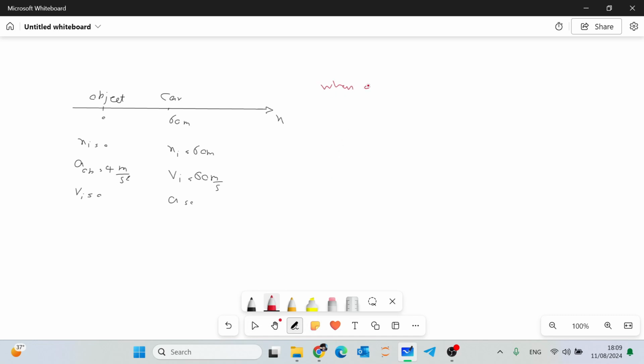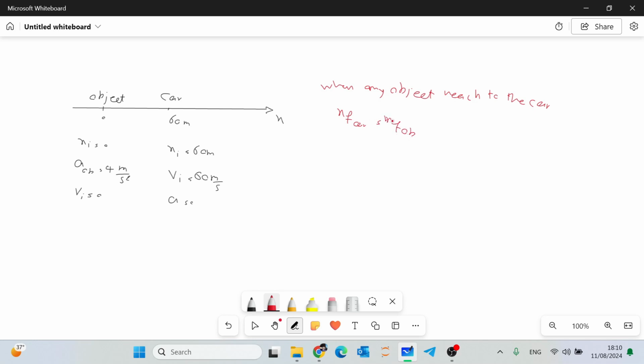When my object reaches the car, the object can be a robot or whatever it wants to be. So actually, the final location xf of my car should be the same as the final location of my object.